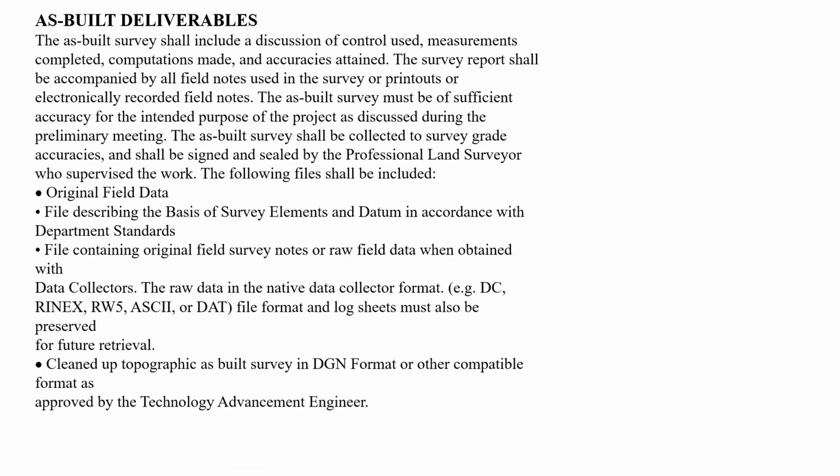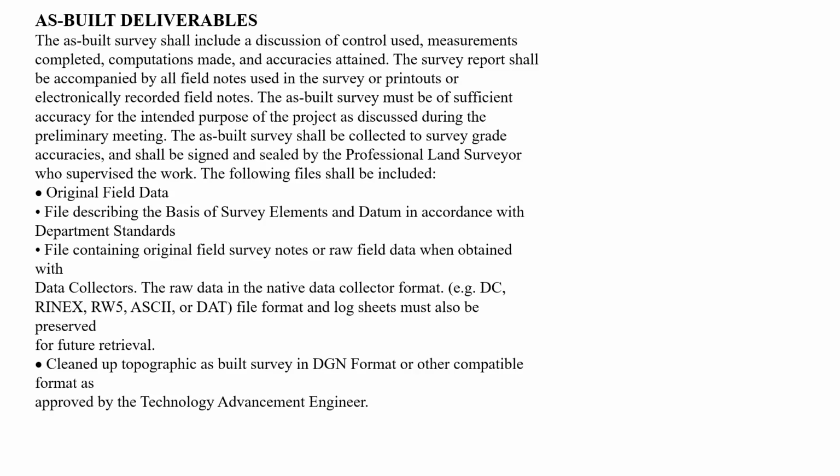The as-built survey shall include a discussion of control used, measurements completed, computations made, and accuracies attained. The survey report shall be accompanied by all field notes used in the survey or printouts of electronically recorded field notes.